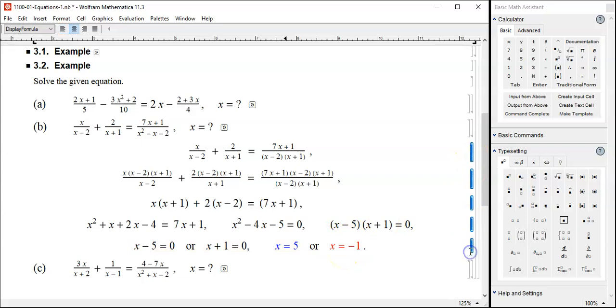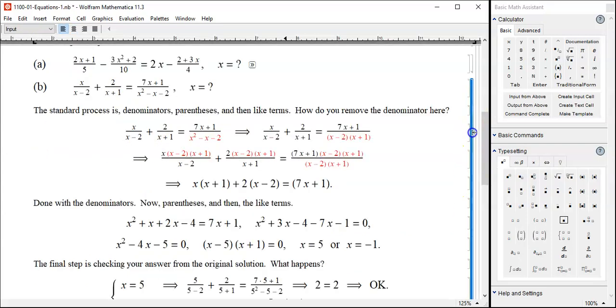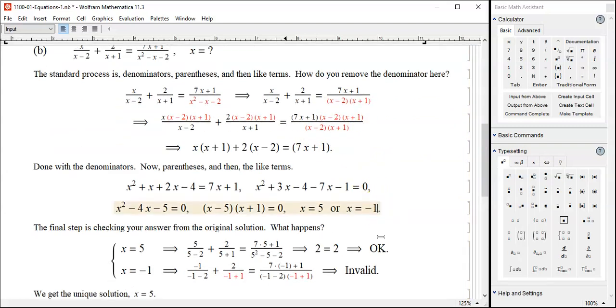Well, what did I do here in my answer key? Did all those and then plugged in and did my computation. Turned out okay. 2 equals 2, that's certainly true. Now we have 0 in the denominator, so we have an invalid solution. Or extraneous.